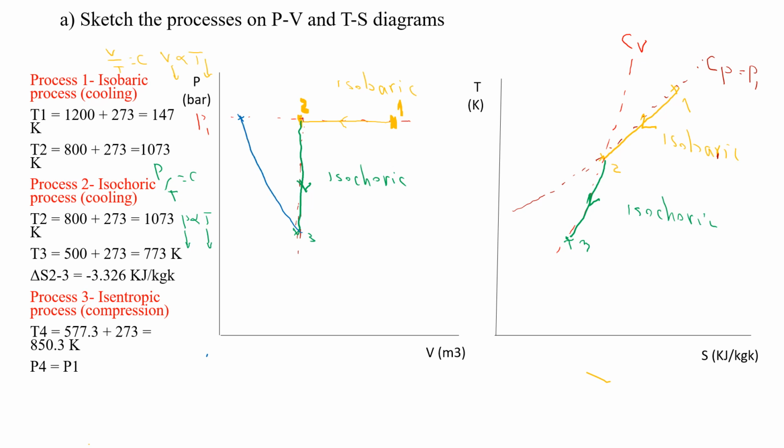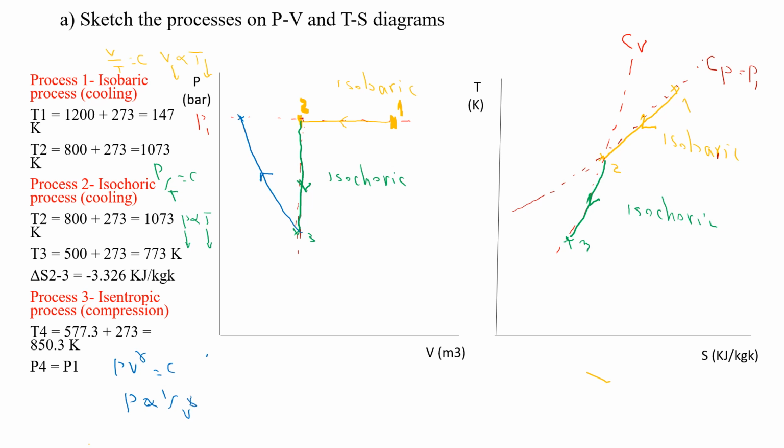So this is the path of the isentropic process and this is the direction of the path. That means the pressure increases, and as a result of increase in the pressure we have got decrease in the volume because of the law of the isentropic, which is PV^gamma is equal to constant. So there is an inverse relationship between the pressure and volume.